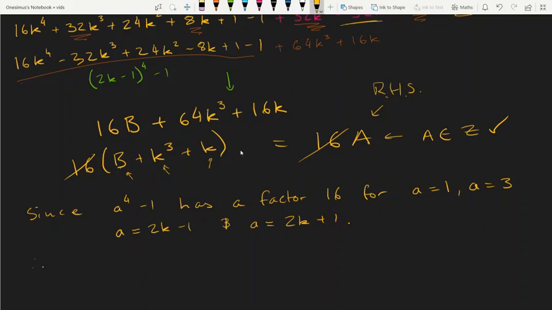Therefore a to the 4 minus 1 has factor 16 for a equal to k, or a equal to 2k minus 1, with k in the set of the positive integers.